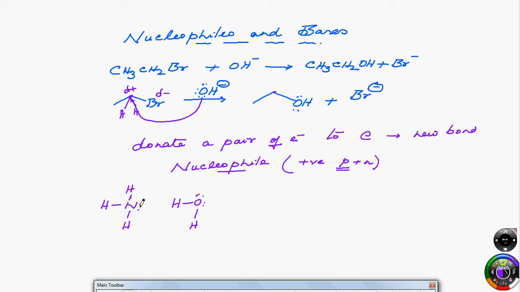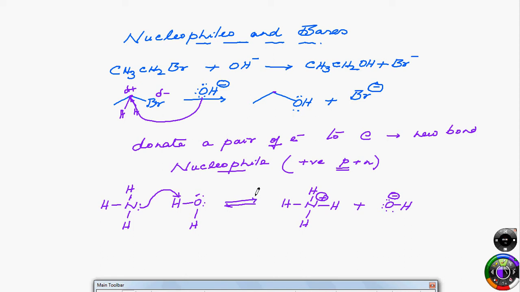Now this pair of electrons of nitrogen shifts to a proton of water to produce NH4 plus, which carries a positive charge now, and OH minus. O carries a negative charge, and there are 6 pairs of electrons.